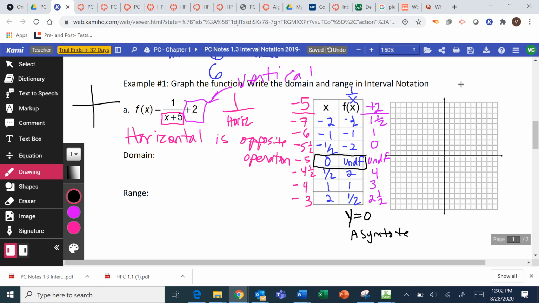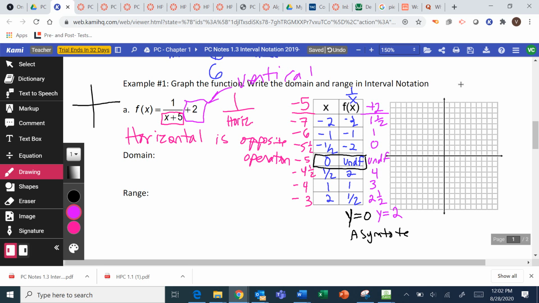So when I go to add 2 to all the y values, this y value is something that I can add 2 to. I can add the number 2 onto it. So I will do that, and I will get y equals 2 as a new asymptote.